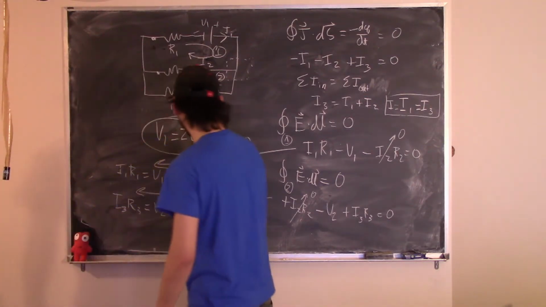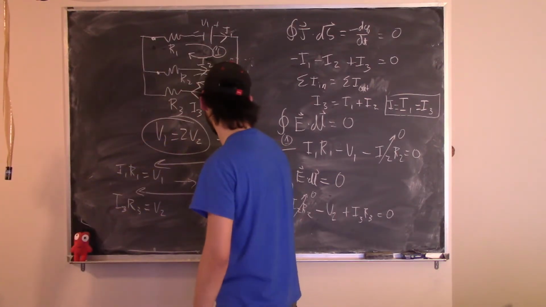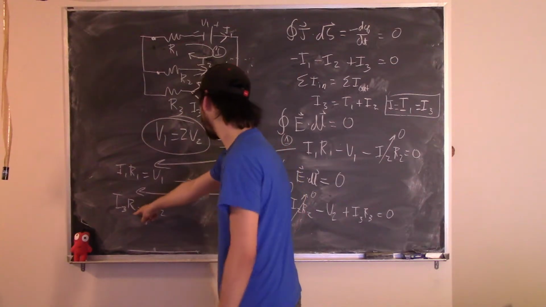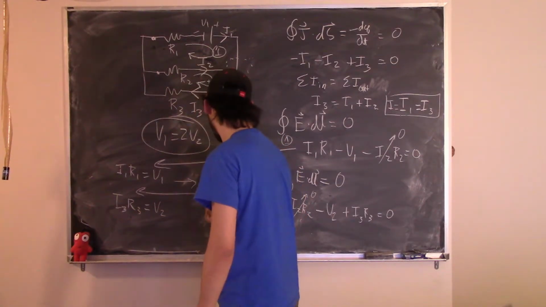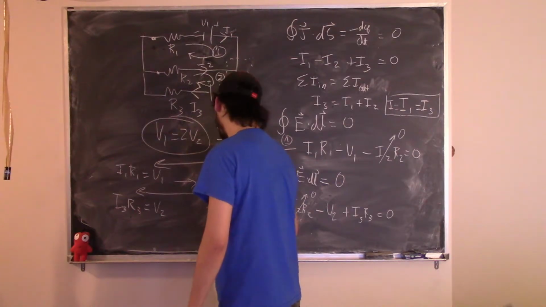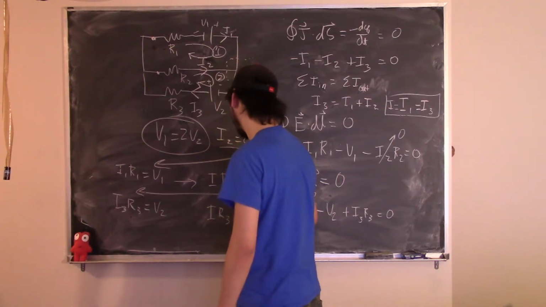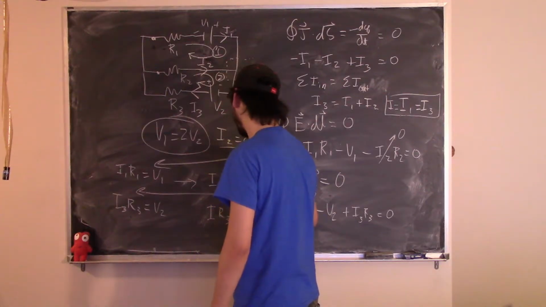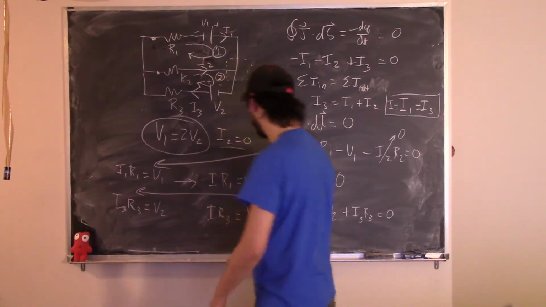So this equation is now I times R1 is equal to V1. And this equation says that I times R3 is equal to V1 divided by 2.